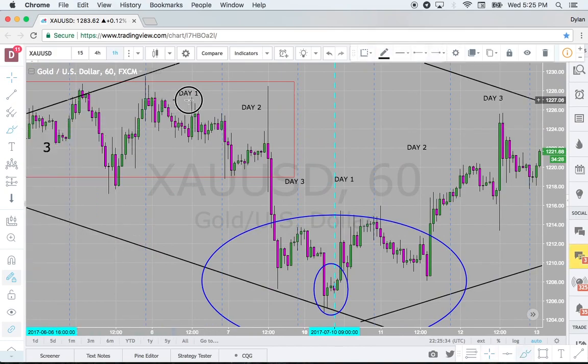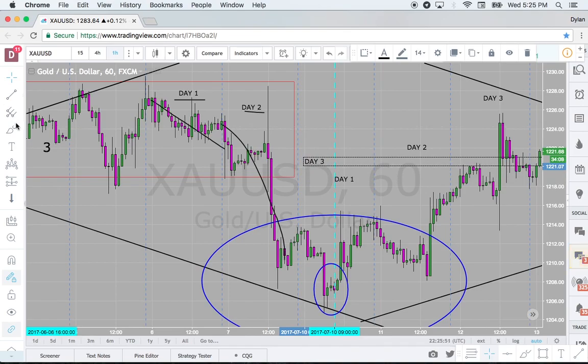Here's our day 1 of the downtrend. Day 2 of the downtrend. And then day 3 of the downtrend.